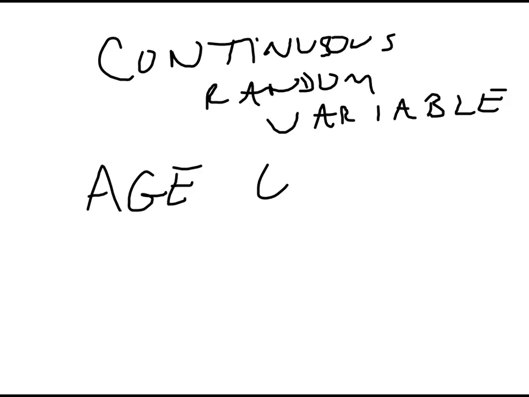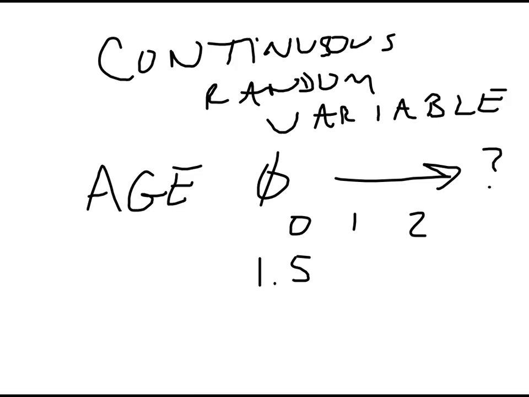Your age can go from 0 to whatever, but in addition to that, you're not limited to just 0, 1, or 2. You could be 1.5 years old, 46.2 years old. So another example of a continuous random variable might be height.